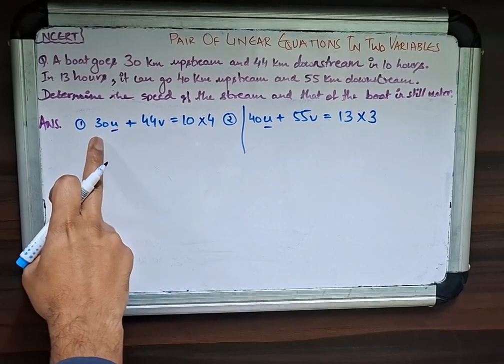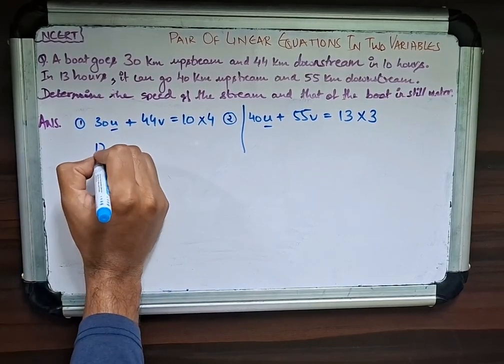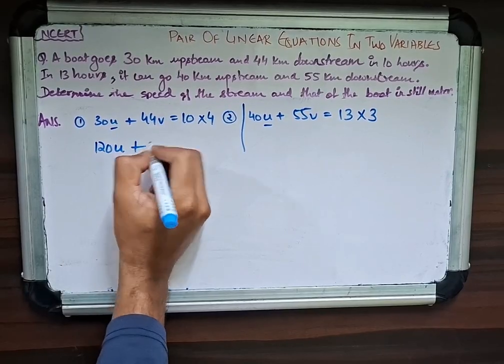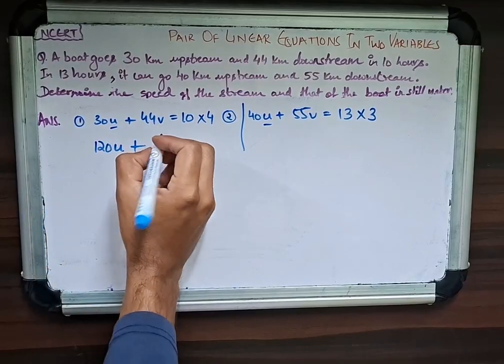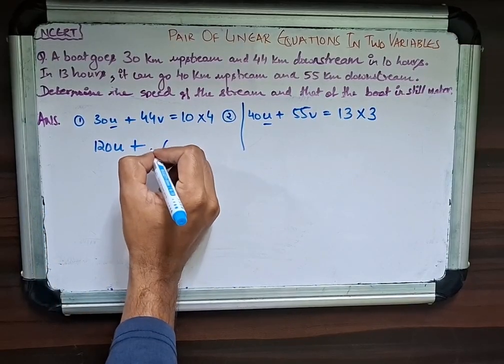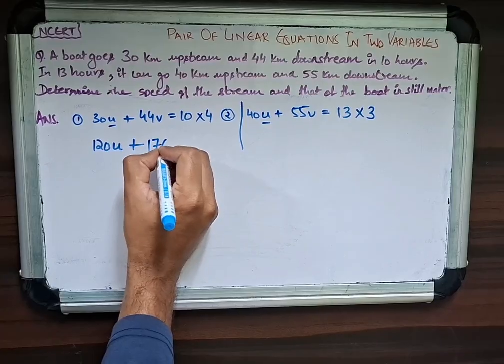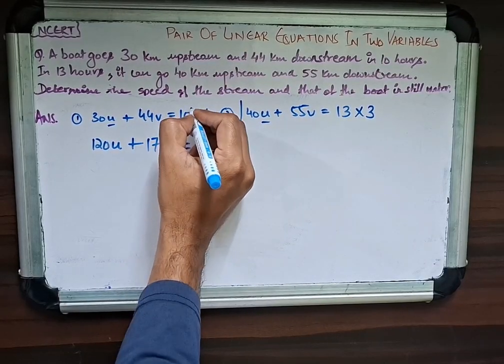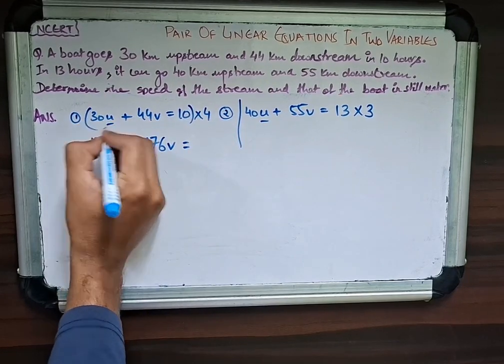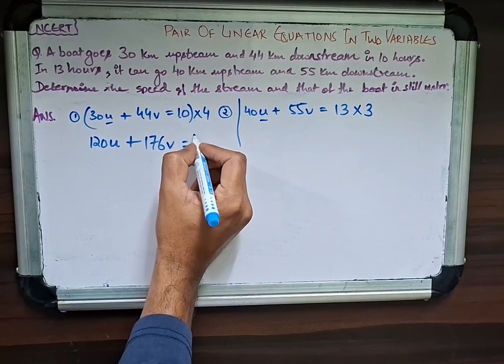So that 4 times 30 will give us 120u. Similarly, 4 times 44 will give us 176v is equal to 40.